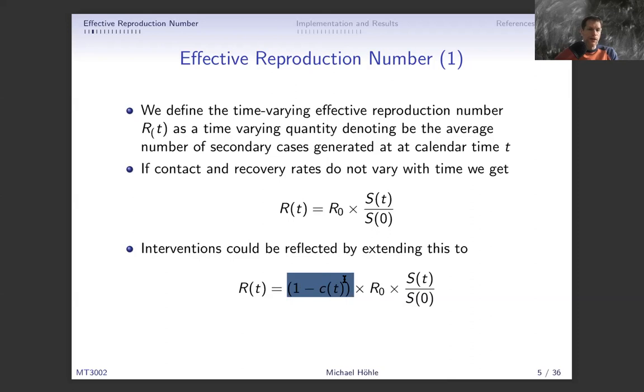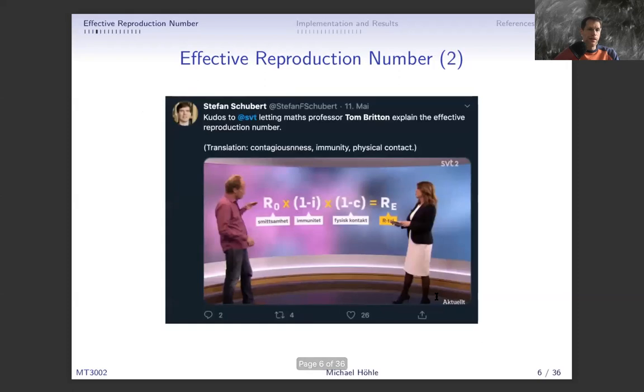But you could also imagine other things, like trying social distancing if you don't have a vaccine. This equation, Tom already had on his last slide, and a fun fact is that if you know this equation, you can start to represent it on TV. I saw Tom do that even on mainstream TV.